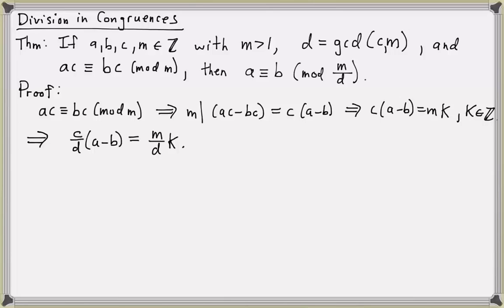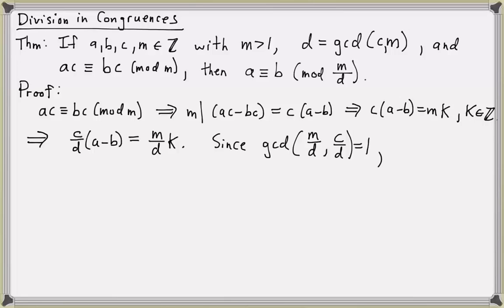So look at this expression. m over d and c over d are now relatively prime because I've divided them both by the greatest common divisor. Okay, so we're going to use this fact. So since the greatest common divisor of m over d and c over d is 1, these are now relatively prime.